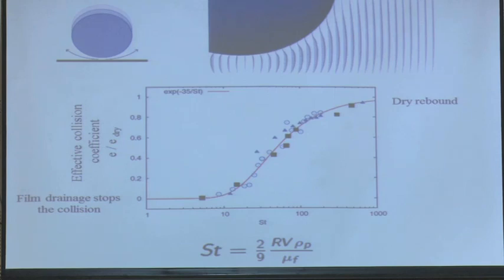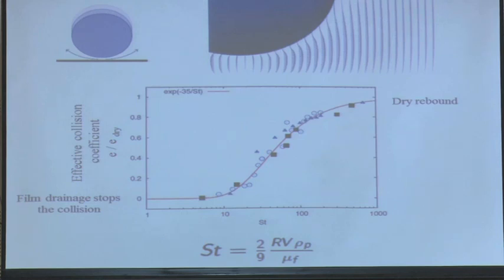There's no more energy available for the rebound. So although the restitution coefficient of the two materials is 0.9, the effective rebound coefficient in a viscous fluid will be 0, no rebound. And you go smoothly from 0 to 1 when you vary the impact parameter.